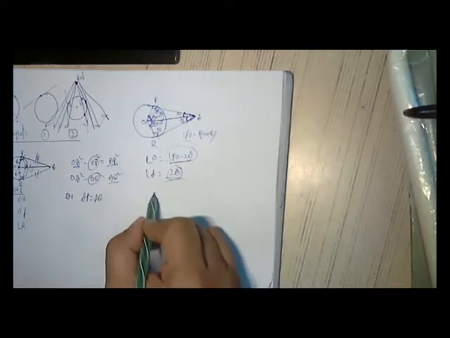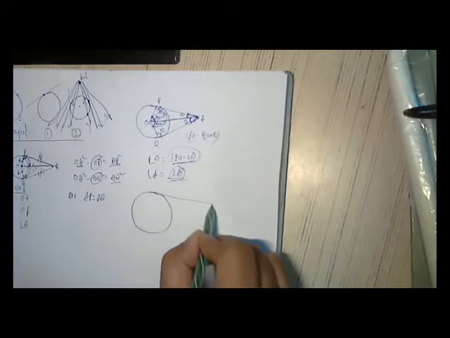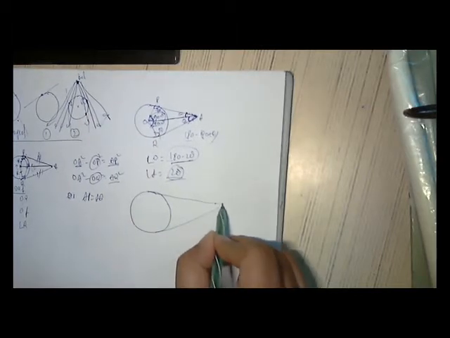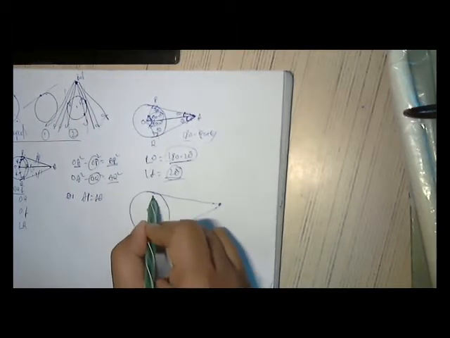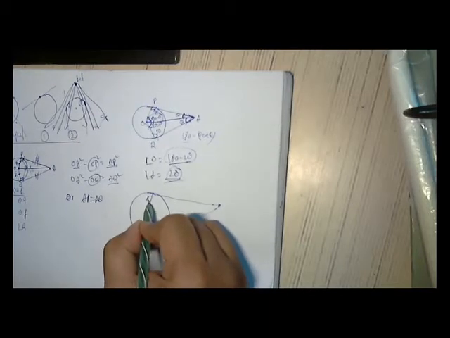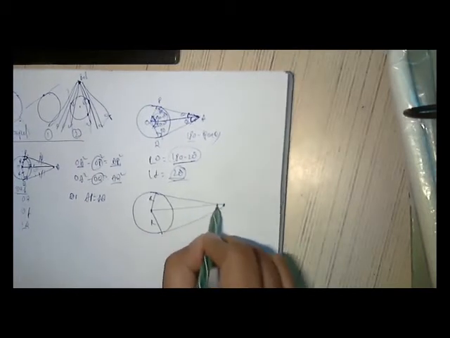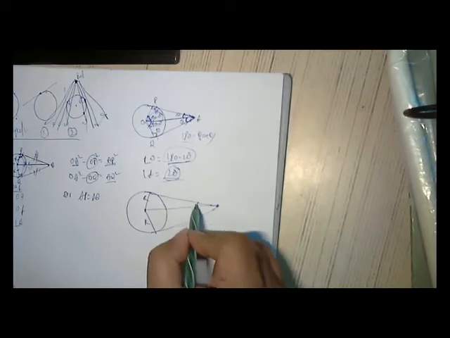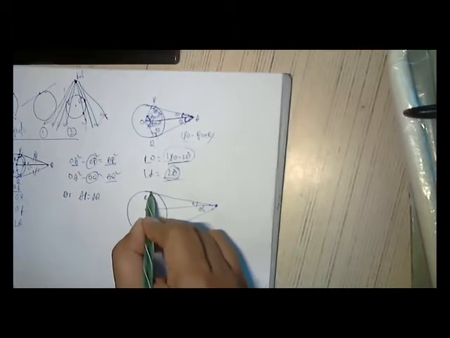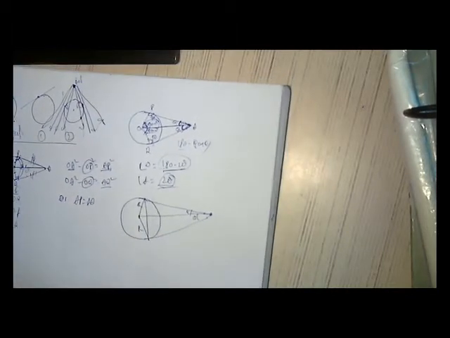Now let us see another property. What we have found is this is theta, this is theta. Let us see. I draw a chord here.